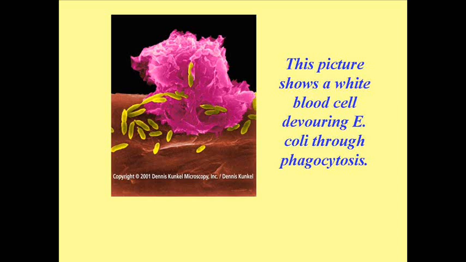The second one, the color photo there, as the caption says, shows a white blood cell. That's the one on top, and that white blood cell is in the process of devouring E. coli through the process of, again, phagocytosis.